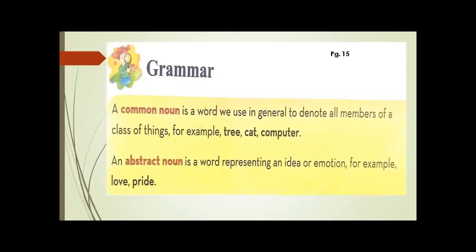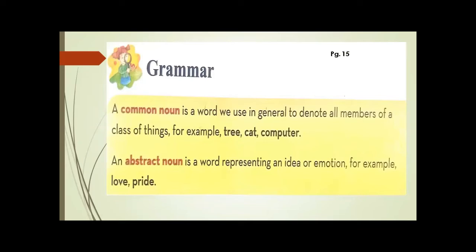But if I say your father reads Dawn daily, here Dawn is the name of the newspaper, so it becomes a proper noun. A common noun cannot be capitalized and is only written with a capital letter when we start a sentence with it. That means common nouns are always written with small letters, and you only write a common noun with a capital letter when you start a sentence with it.